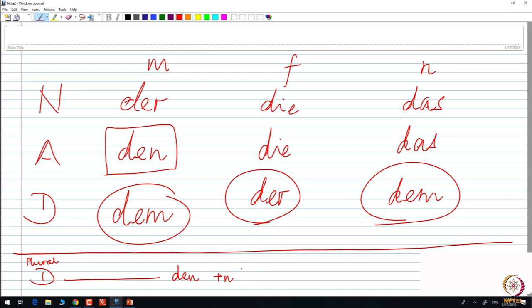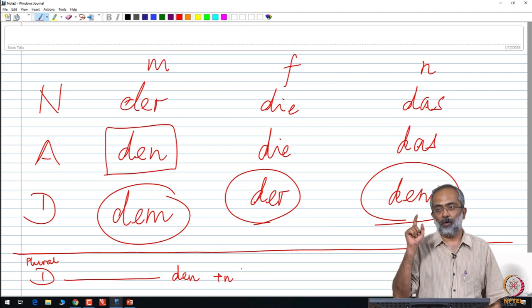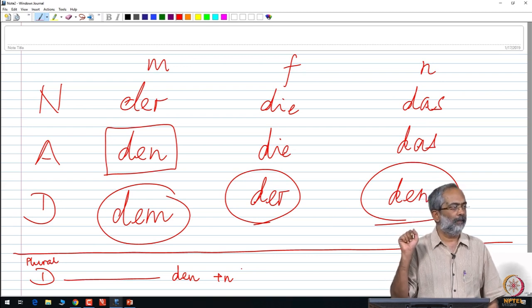What does this mean? This means that the article that we use for a dative plural noun, I'll give an example right away, is den, and there is a plus n there, which means if the noun does not have an n at the end, then you add an n.